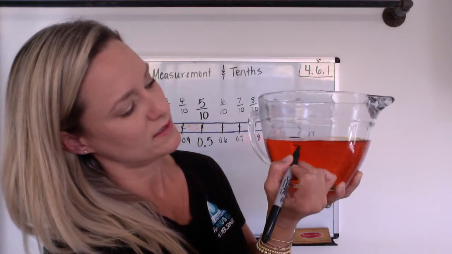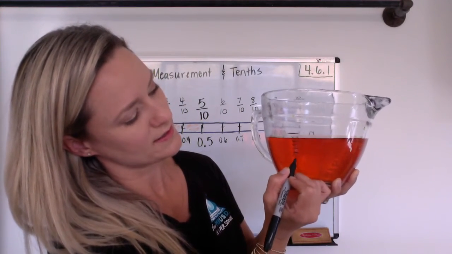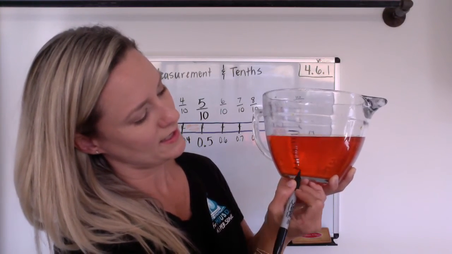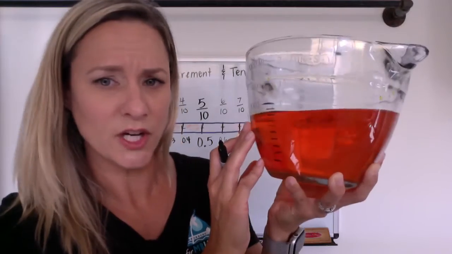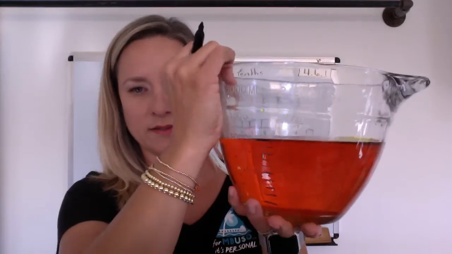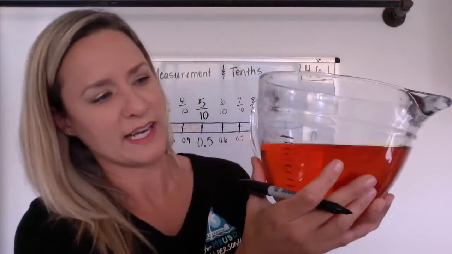1, 2, 3, 4, 5, 6, 7, 8, 9, 10. So I'm tilting this thing all around, you guys. When you look at it, this thing actually had the lines already written out on it.